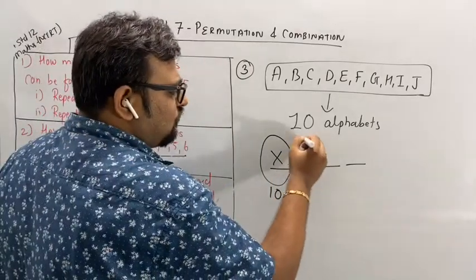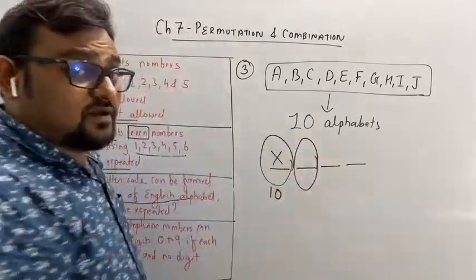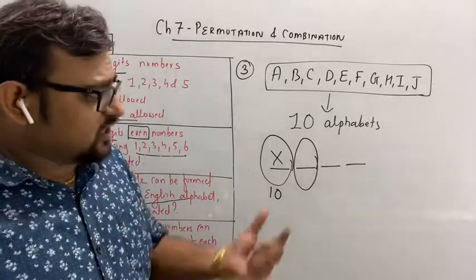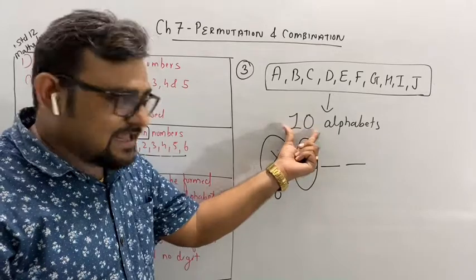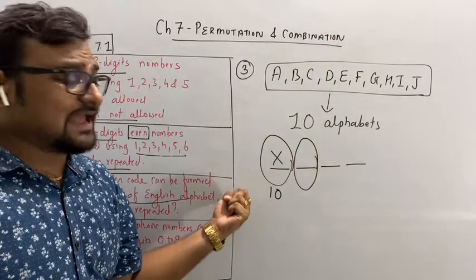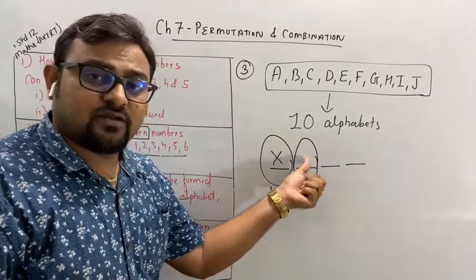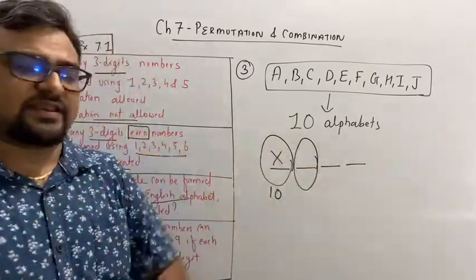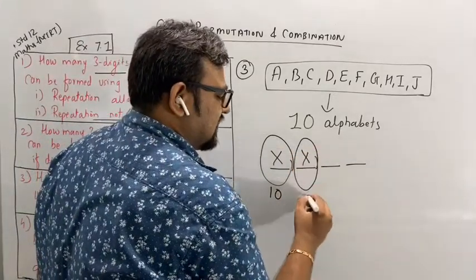Now, for the next place, see here, no letters can be repeated. From these 10, I have selected one, which I cannot put here. So how many options? 10 minus 1, 9.